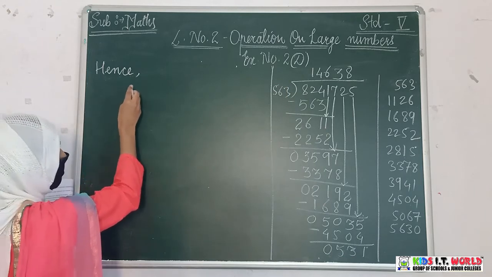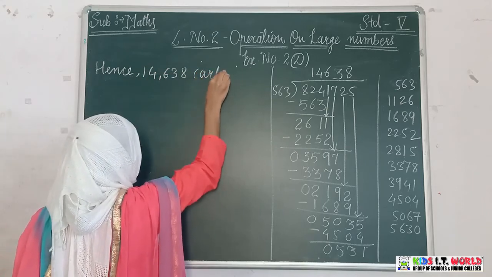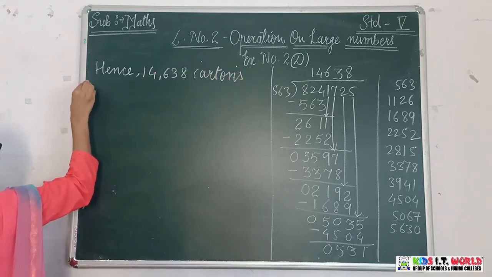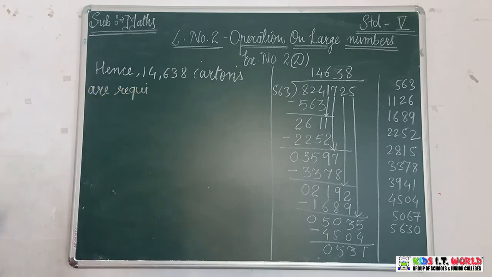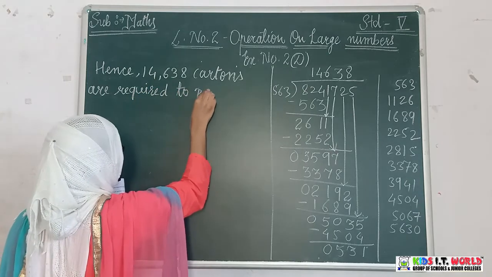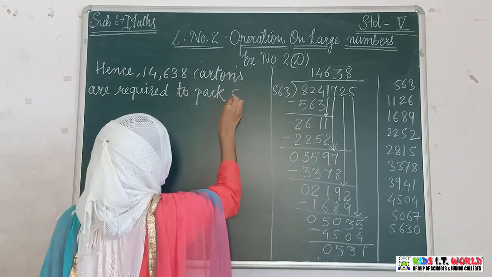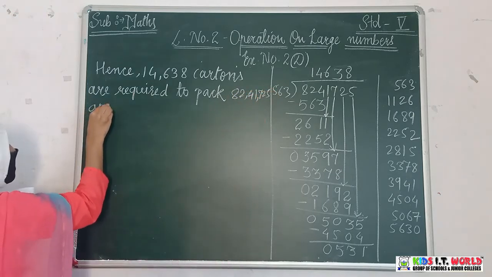Hence, 14,638 cartons are required to have 82,41,725 apples.